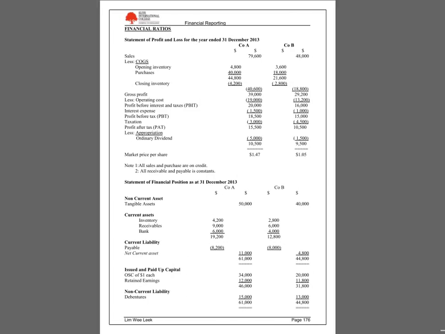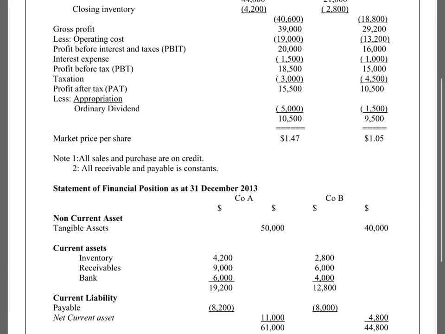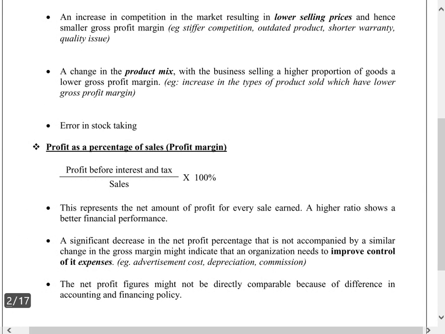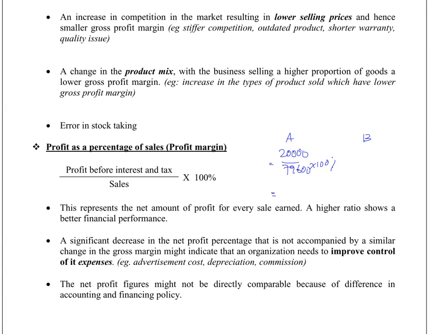And this is PBIT. 20, 60. Okay. 25%. The other one? 33.